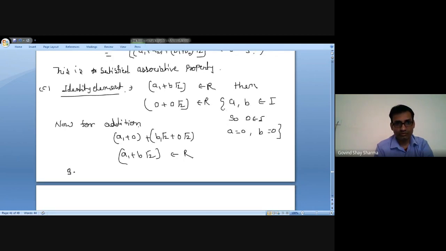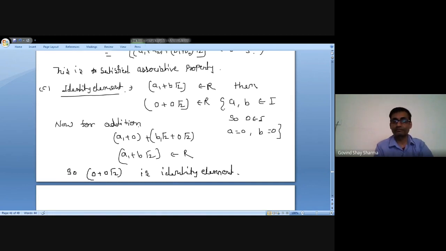So 0 plus 0 root 2 is the identity. Okay, 0 is the identity element for addition.